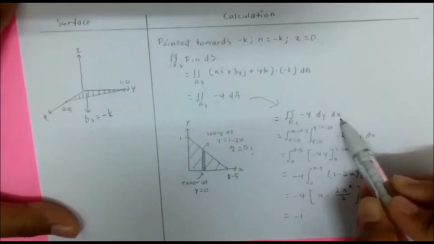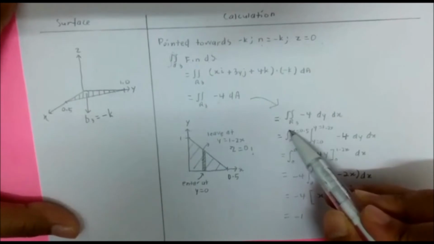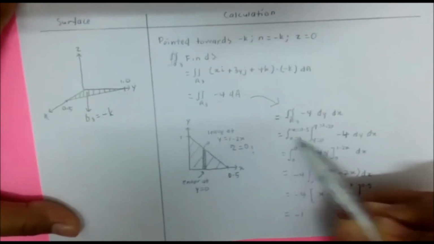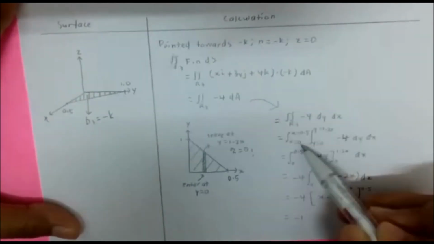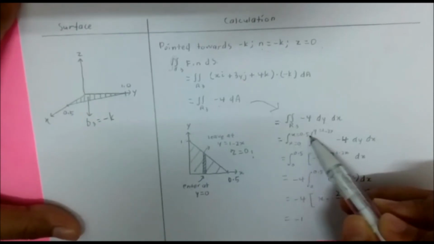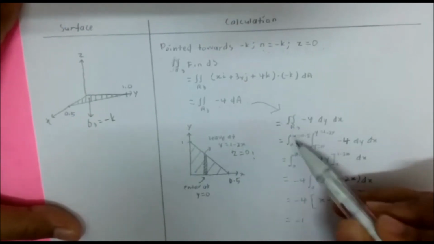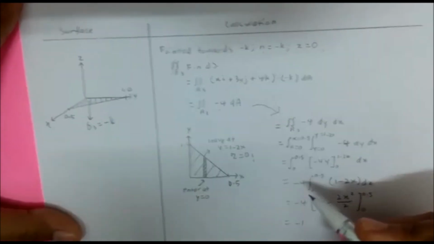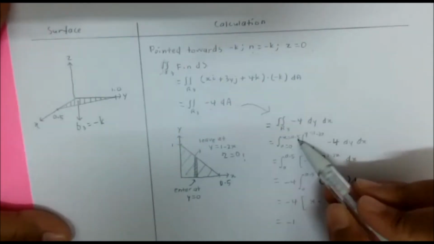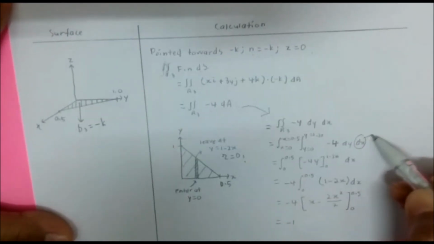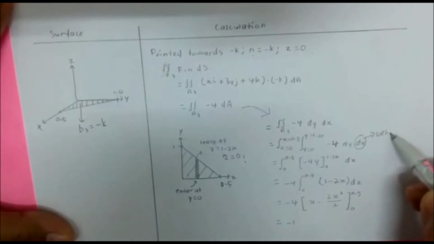So after this, we go to this. We know that dA equals dx dy, and first for the limit x equals 0 and x equals 0.5, we put x at the outer space because the x is behind.